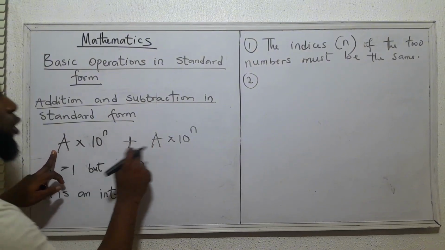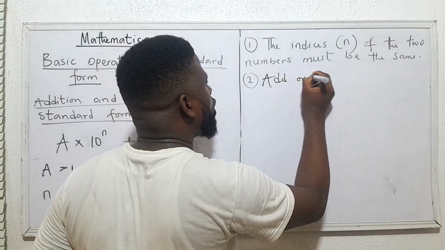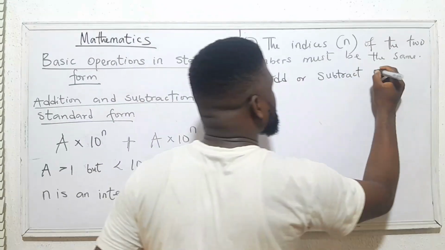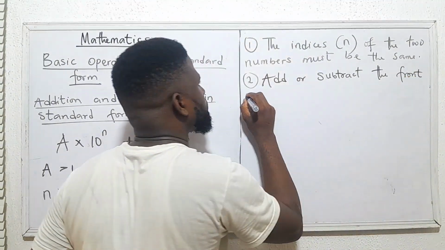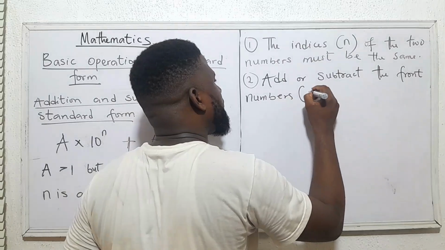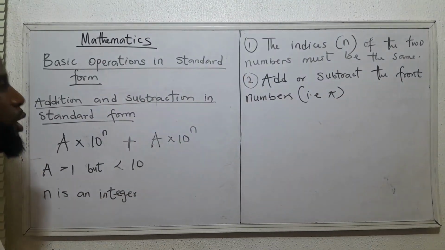The front numbers. Number two, add or subtract the front numbers. That is a, right? You add the two a's.